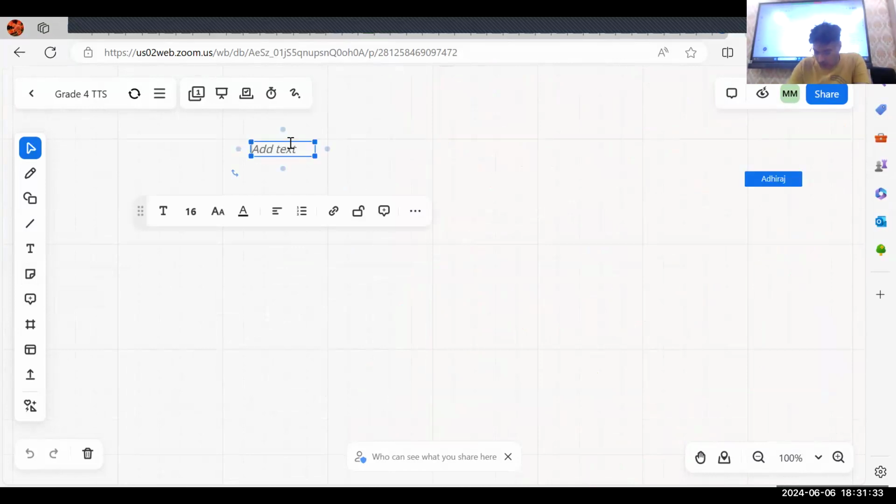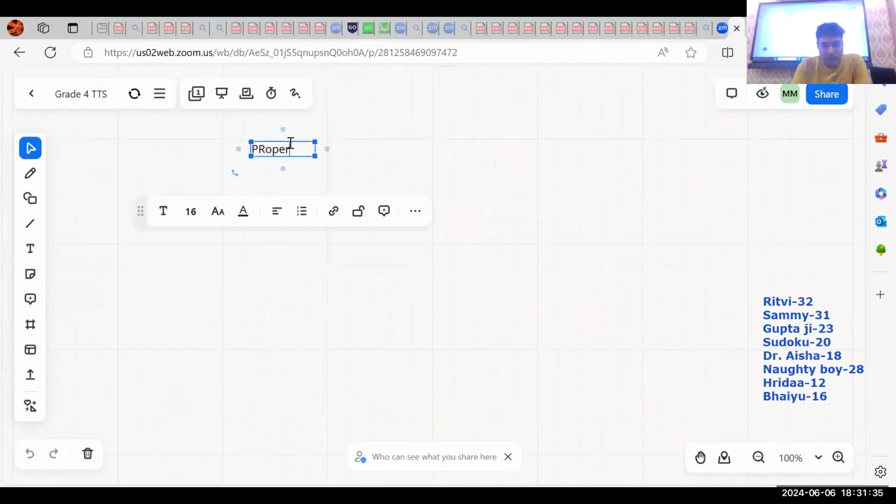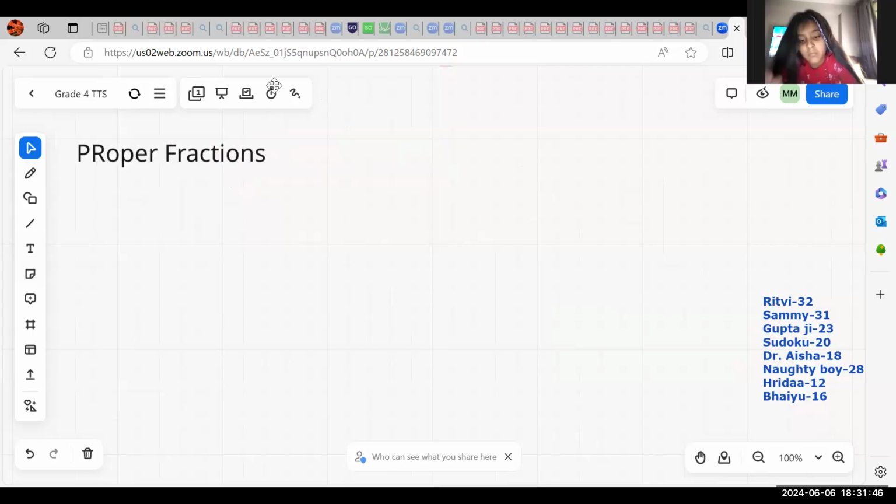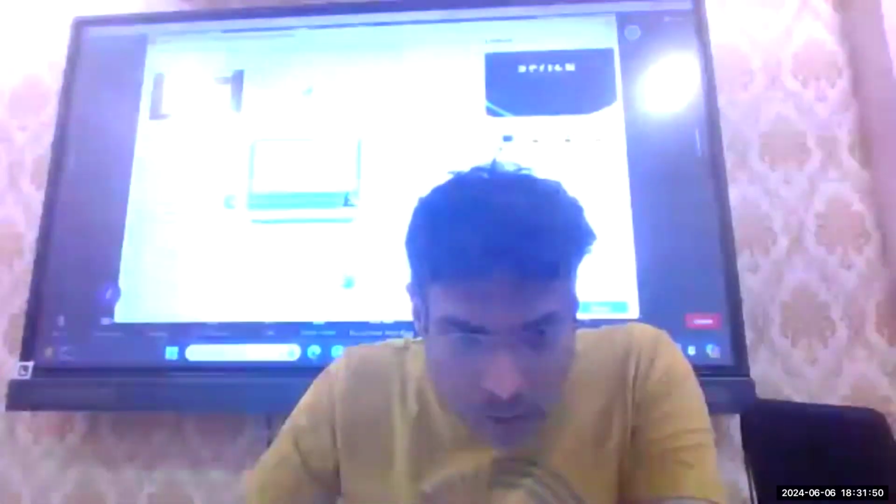So next, we are going to study proper fractions, and you will have to write today. So write it properly. What is a proper fraction? Does anyone know? We did this in grade 3.